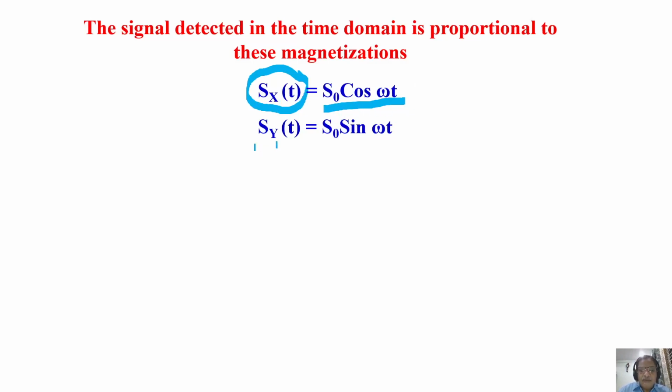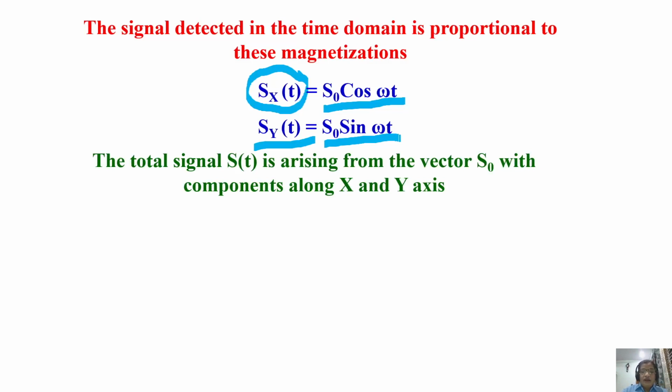The same y component signal in the y-axis as a function of time is S naught into sine of omega t. But the total signal S of t is the sum of Sx of t plus Sy of t, like M is equal to Mx plus My. Earlier in the previous slide we saw.